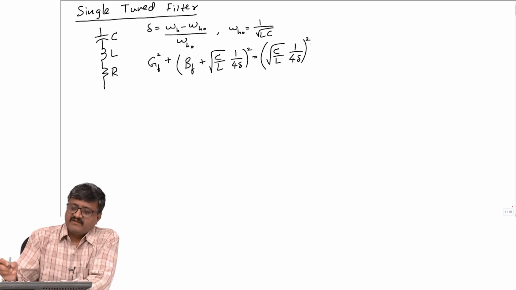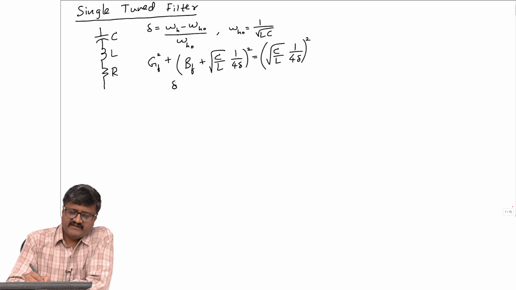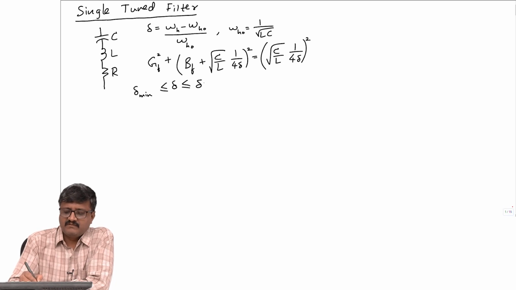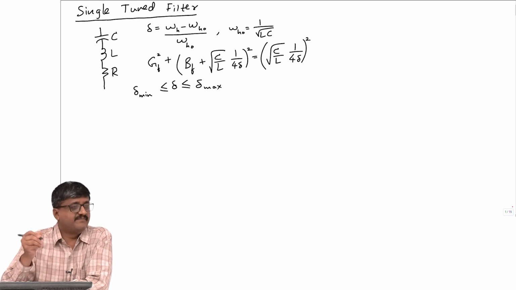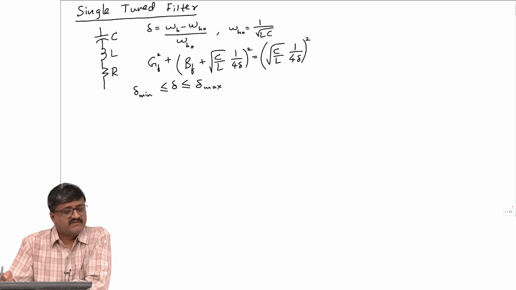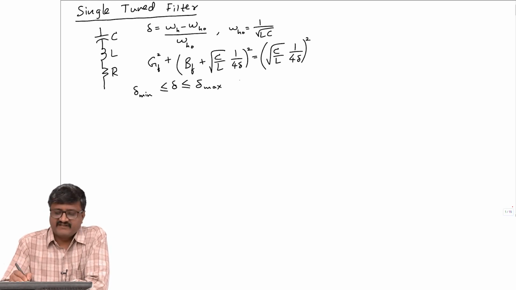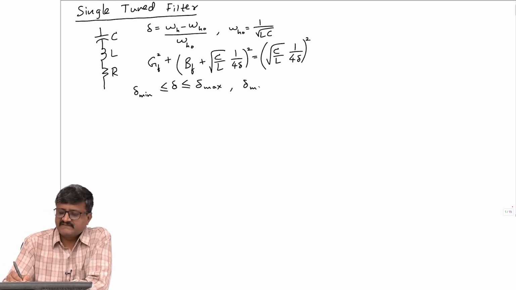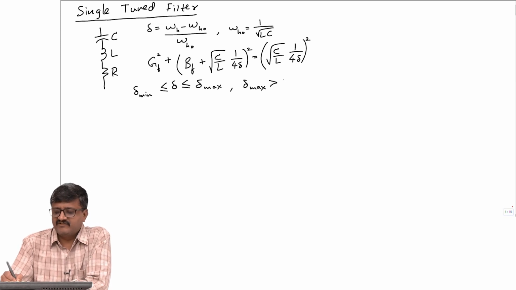Now, delta actually lies in a range. Delta min is the lower limit and delta max is the upper limit, so delta is within a certain range. Suppose I take delta max greater than 0.